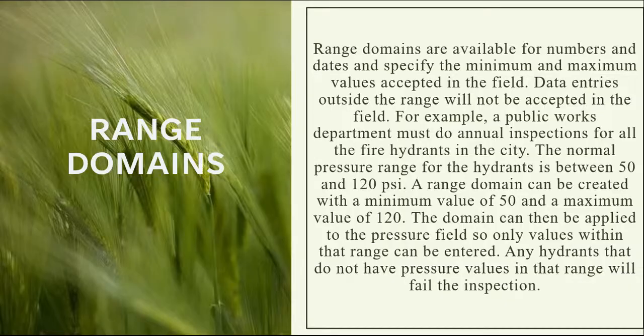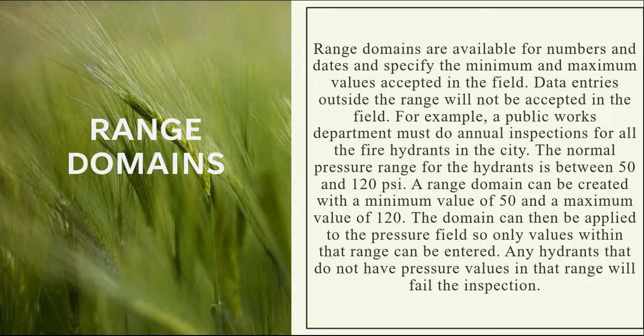The normal pressure range for the hydrant is between 50 and 120 PSI. A range domain can be created with a minimum value of 50 and a maximum value of 120. The domain can then be applied to the pressure field, so only values within that range can be entered.